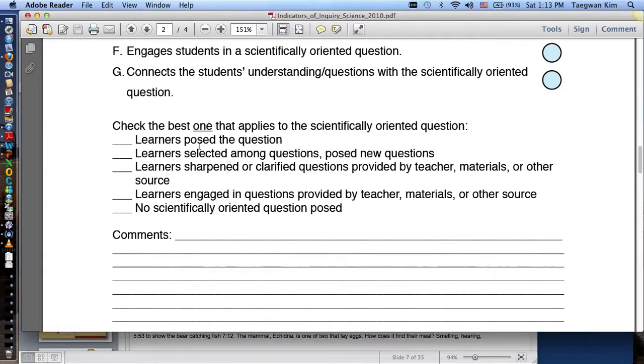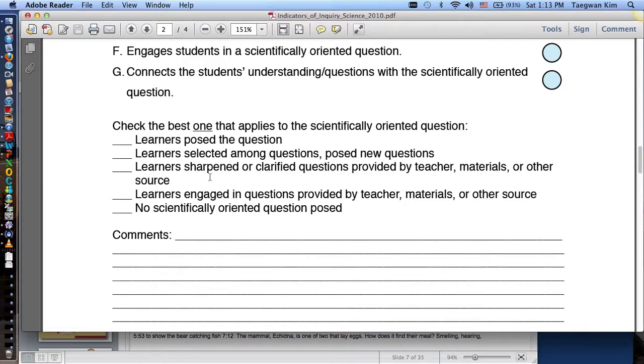So when your students ask a question, that means your students show inquiry. That's showing inquiry. And learners select among questions posed new questions. Okay, so among questions, your students start to ask new questions. That means he or she improves inquiry too.